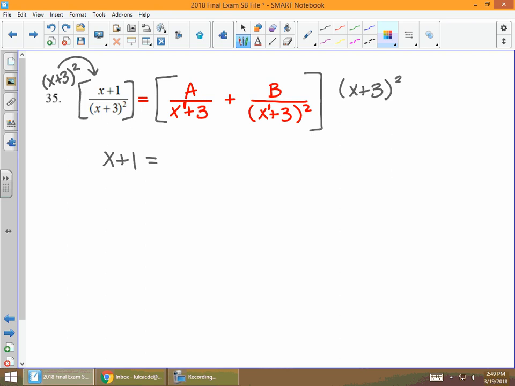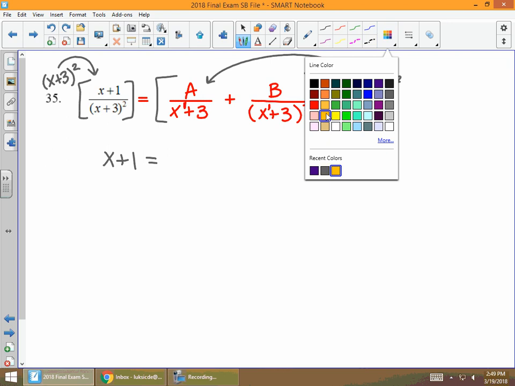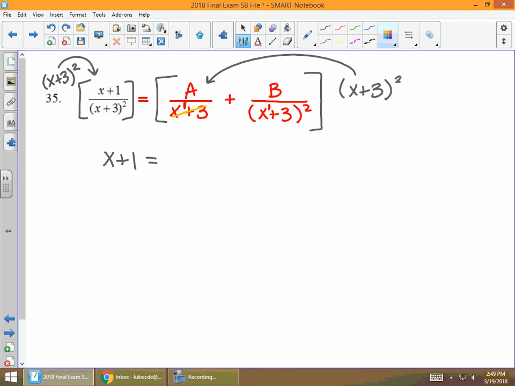When I multiply on the right side, remember there are 2 of these. So one of them is going to cancel this x plus 3, and I'm going to be left with a times x plus 3. But when I multiply into the b term, they're both going to cancel, so I'm just left with b.